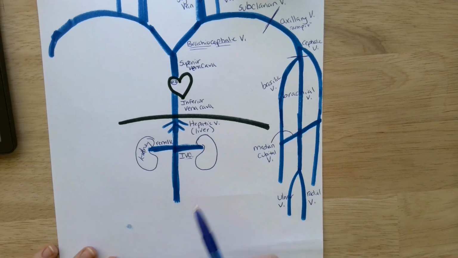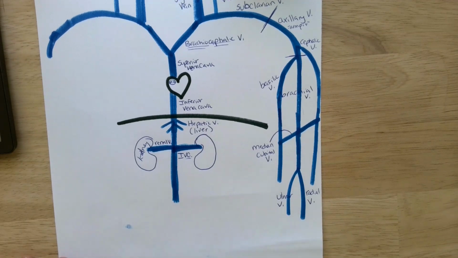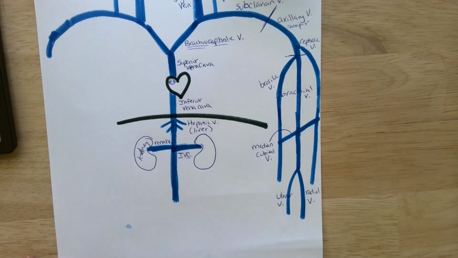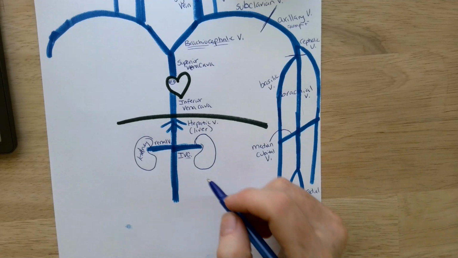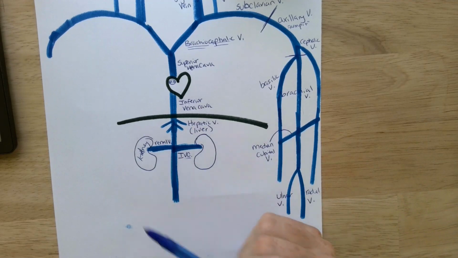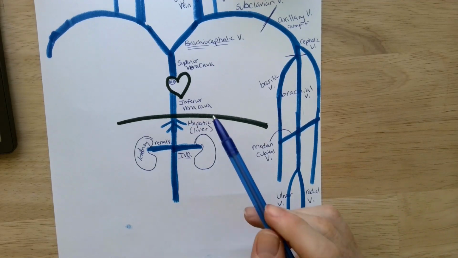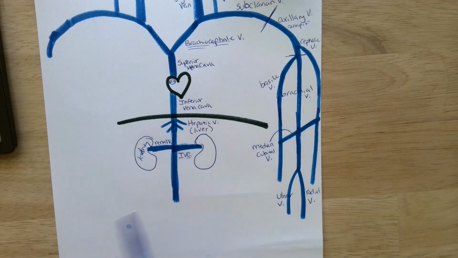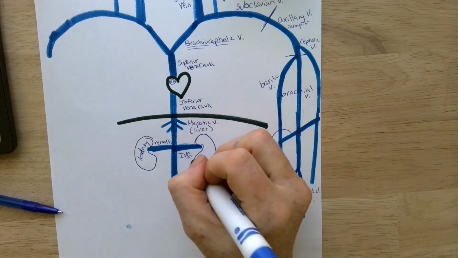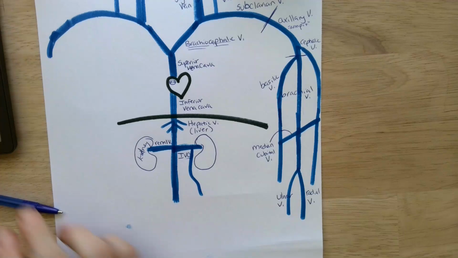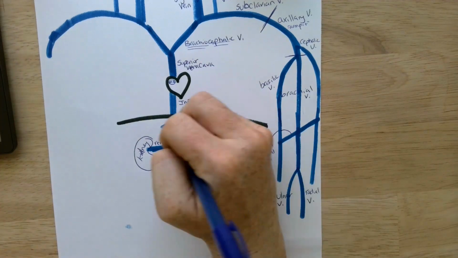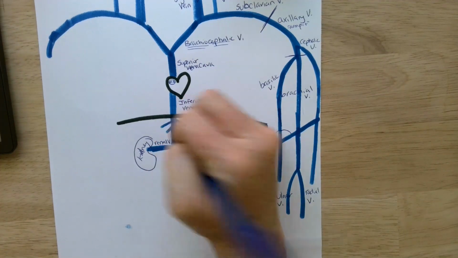Okay, continuing on down, we're going to have the gonadal veins, because there are no mesenteric veins at all. No mesenteric veins, just skip right over those. Now, on to the gonadal veins. These are the only ones of the veins that I'm having you learn that are not symmetrical with each other. So if they are not symmetrical, that means you have to designate right or left. The left gonadal vein is going to come off of the renal vein. So here is the left renal vein.